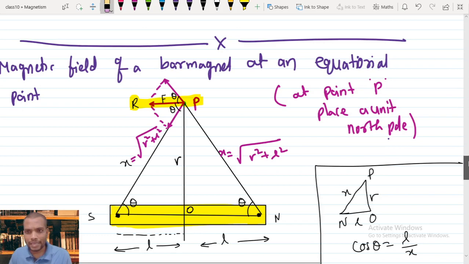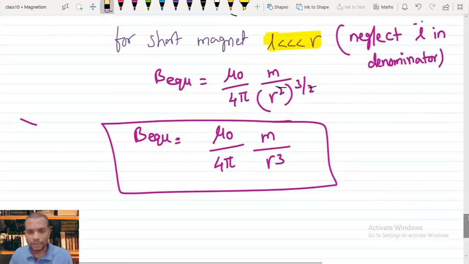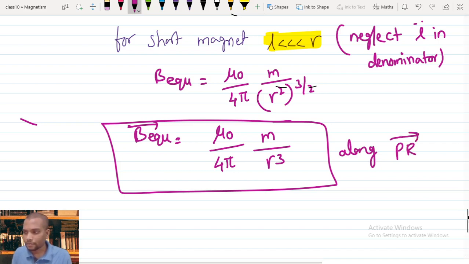So the direction of the magnetic field is along the P to R direction.